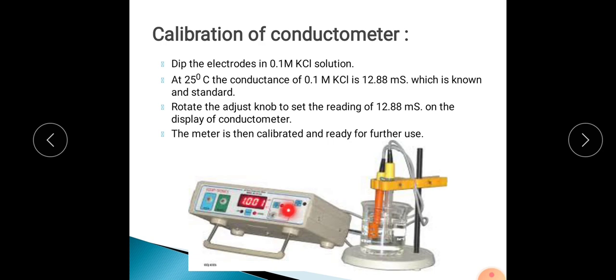By rotating that knob, we adjust the reading on the display to 12.88, as we know 12.88 is the standard conductance of 0.1 molar KCl. Once the meter shows that conductance, the meter is said to be calibrated and it is ready for further use. So this is called calibration of conductivity meter.